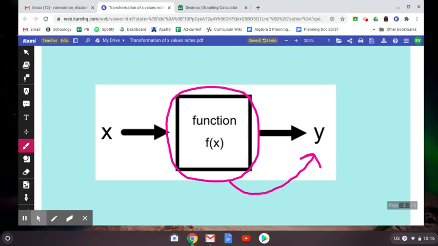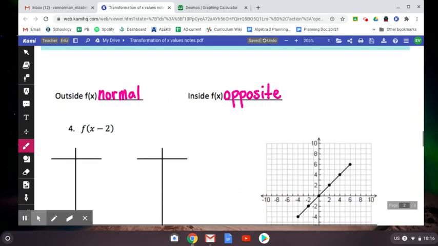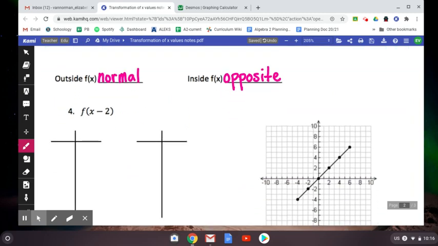But if I went back and tried to change my x values, that's going the wrong way. So the opposite always ends up happening because I have to undo what's happening to my x's. And we know in math that when you undo what's happening, you do the opposite. So whenever you're dealing with your x values, everything on the inside is opposite. The outside is normal, and that affects your y values. The inside is opposite, and that affects your x values.